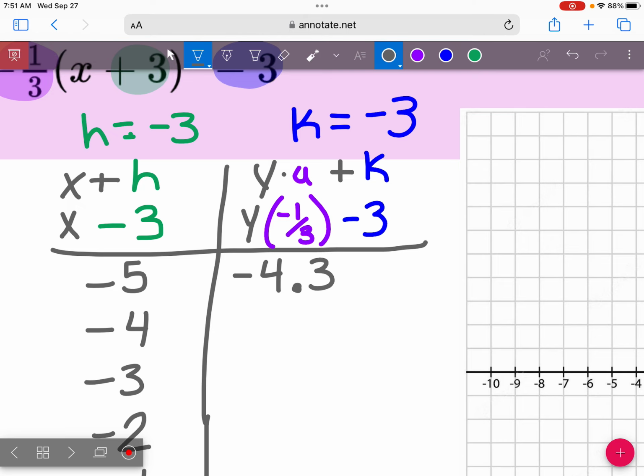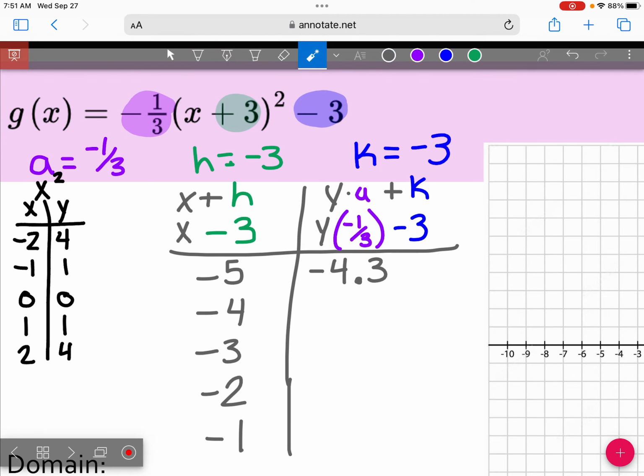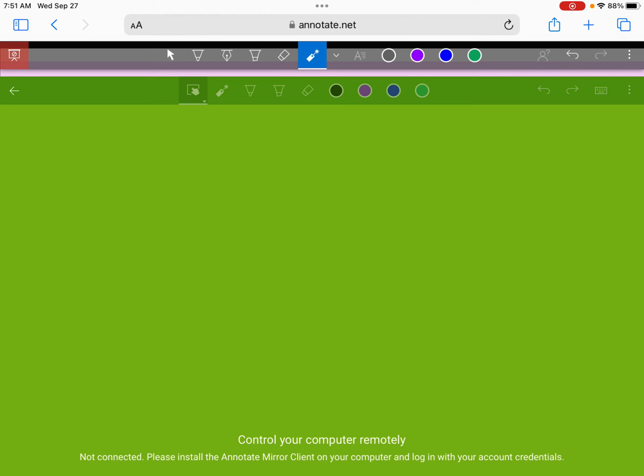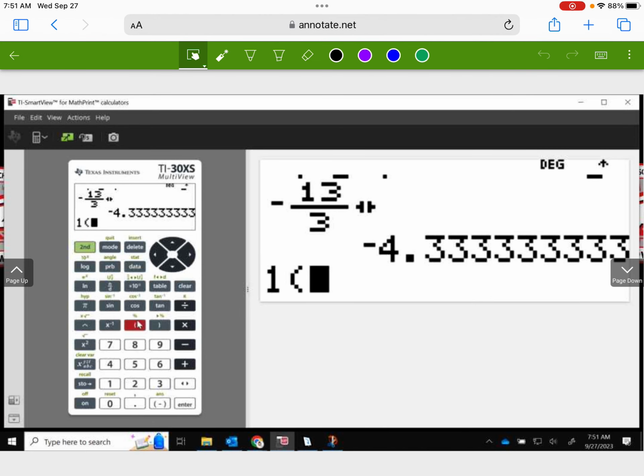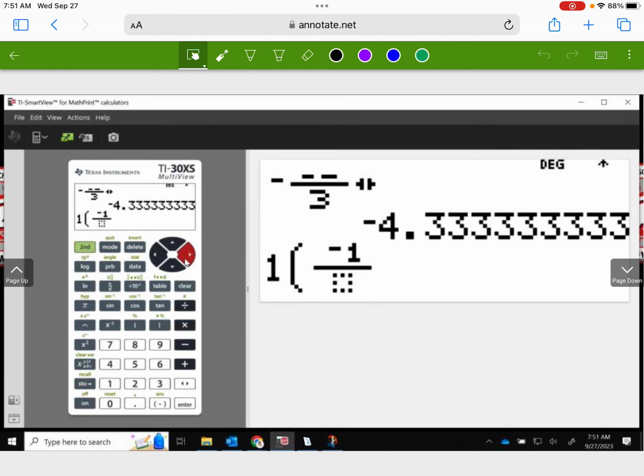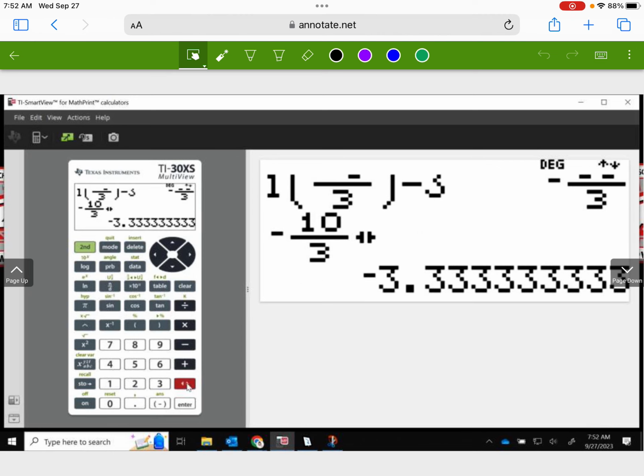Then we take our y value of 1 and do the same thing. We have 1 times the fraction (-1/3) minus 3. And we again get a fraction, (-10/3). I would like that as a decimal, please. -3 1/3, or -3.3.